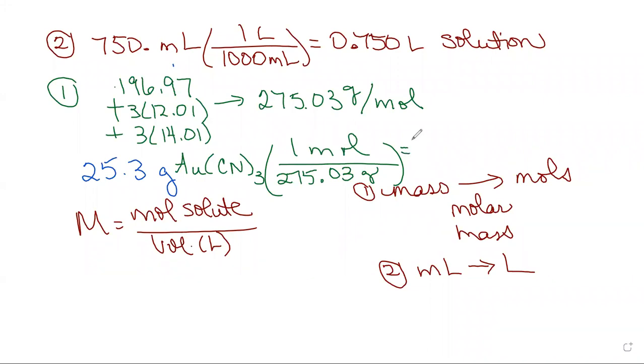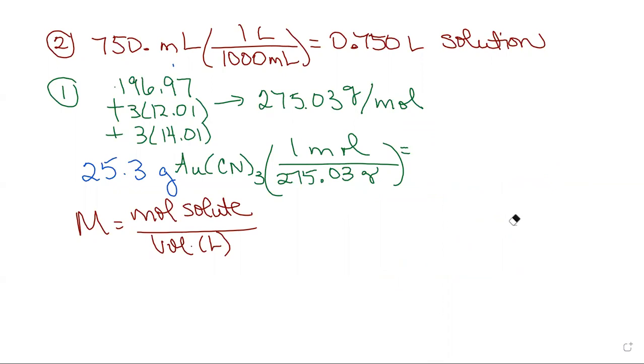And what we get is 25.3 divided by 275.03, get 0.09199 moles. Okay, now the reason I double underlined the 9 is just so you know, it should be 3 sig figs because of here, but I'm not done with my calculations because I still need to use my equation.